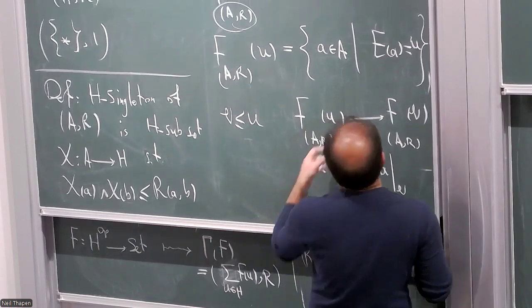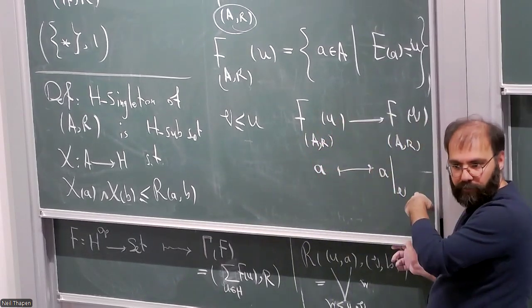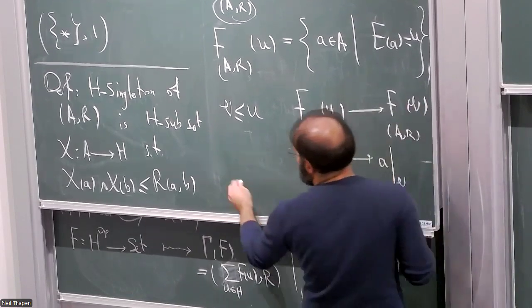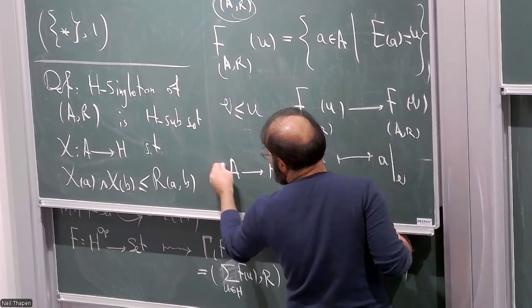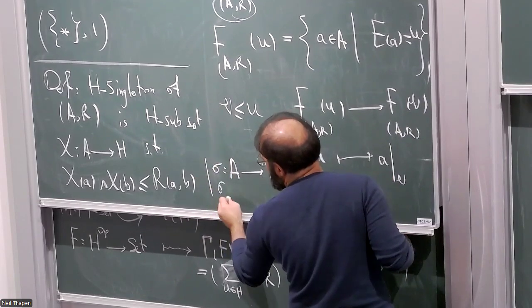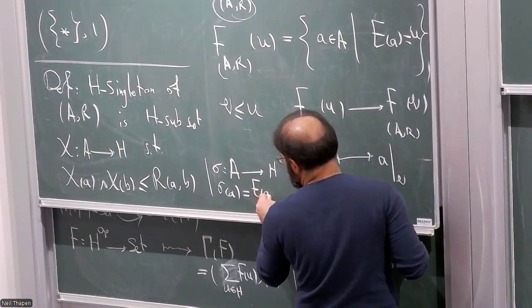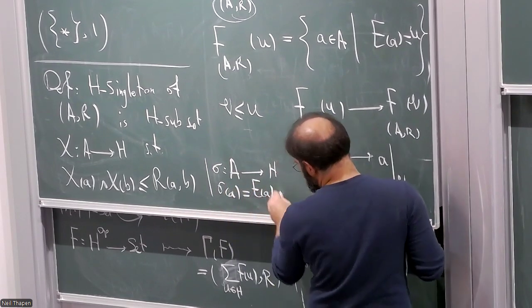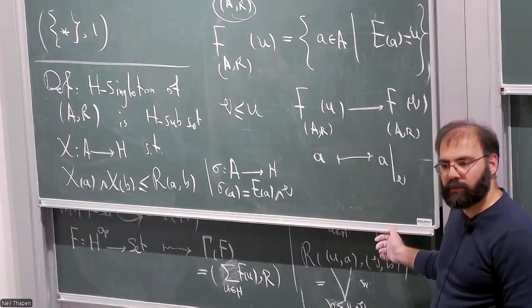You have something with the extent u, and you want to construct something with the extent v. How to do it? You go from A to H like this with some sigma. Define sigma of any A simply as E of A, and some fixed v, right?